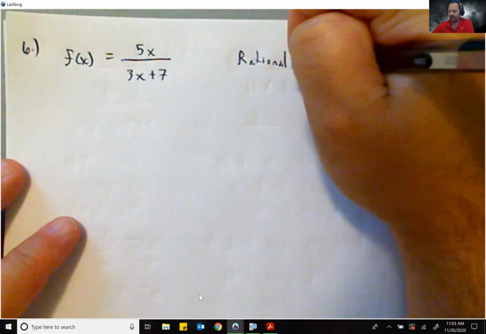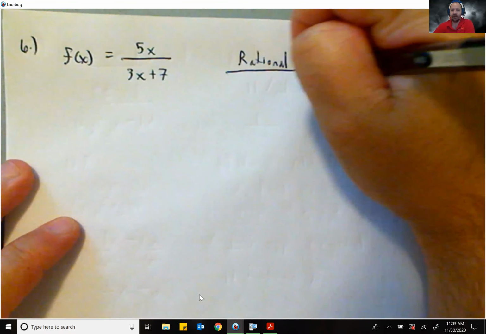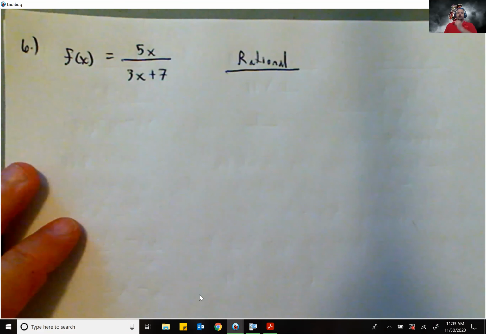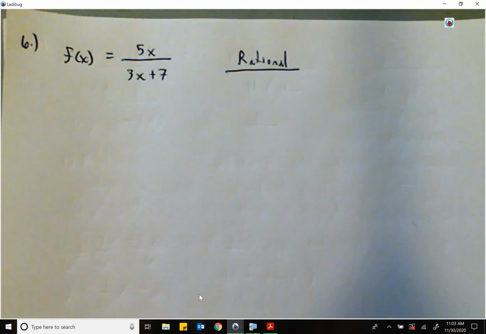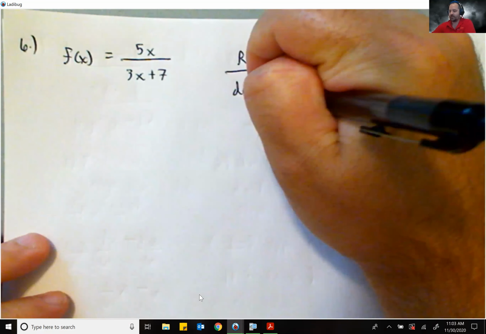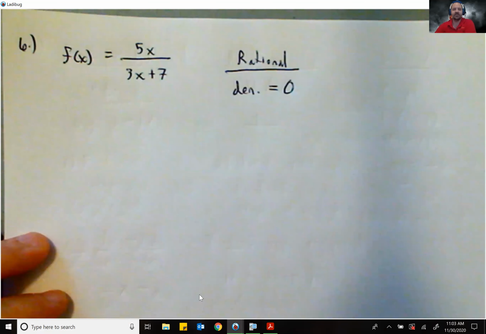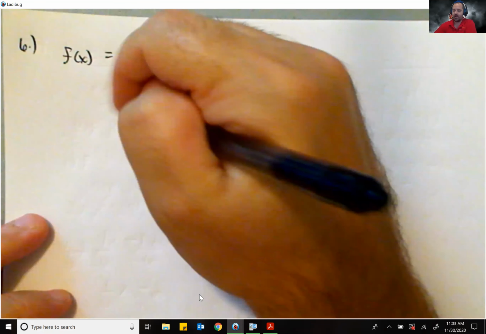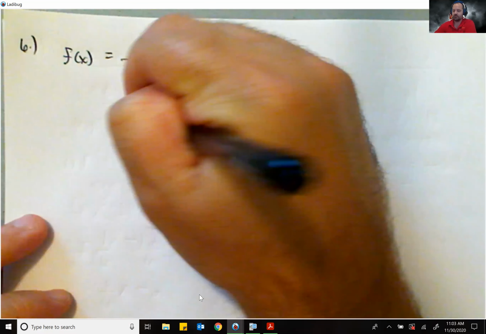Okay. So because this is rational, we got to fix this. How do we find rational domains? What do we got to do? Set the denominator equal to 0? You bet. Take the denominator, set it equal to 0, because these are going to find the numbers we do not like. Okay. So we got 3x plus 7 equal to 0.